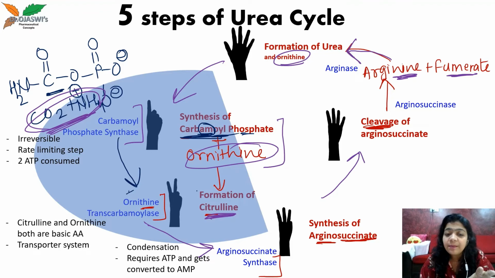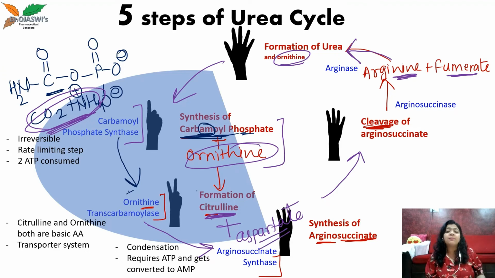For the third step, condensation happens. Okay, here again the condensation reaction is happening for the synthesis of arginosuccinate. Condensation is happening between citrulline and aspartate, the next amino acid which is taking part here.